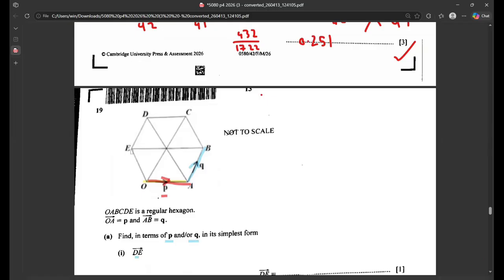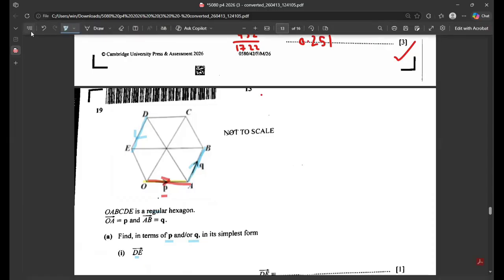So this will be the DE, which moving like this. You need the DE like this. So the DE, because it's a regular hexagon, would be the inverse of the AB, which is equal to negative AB.